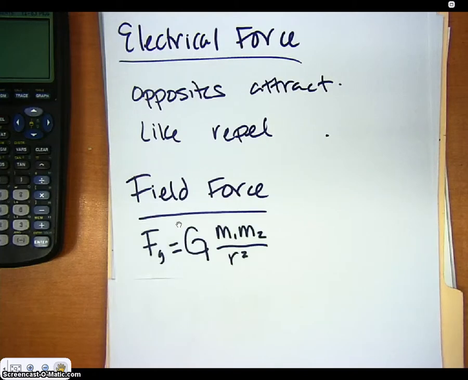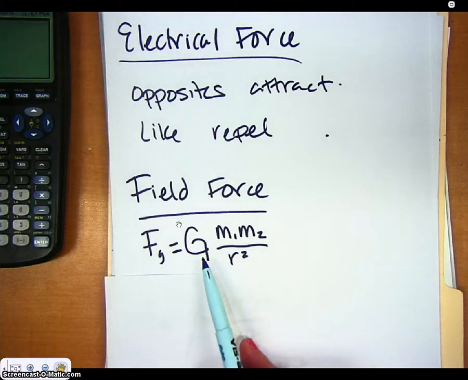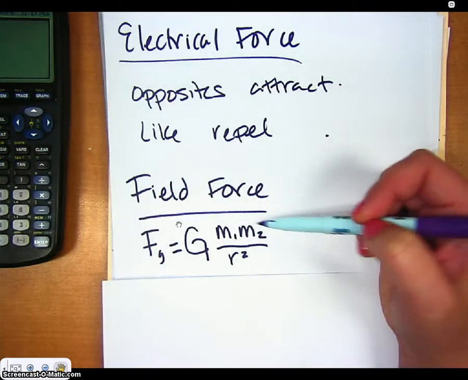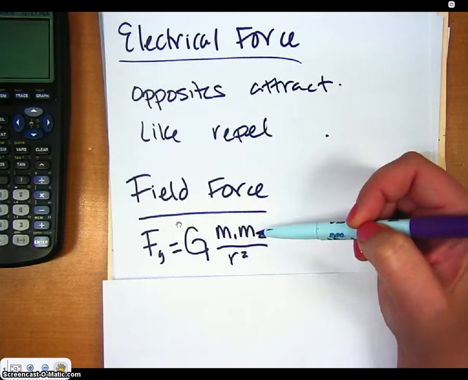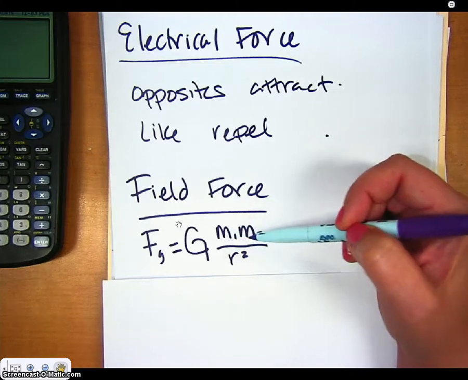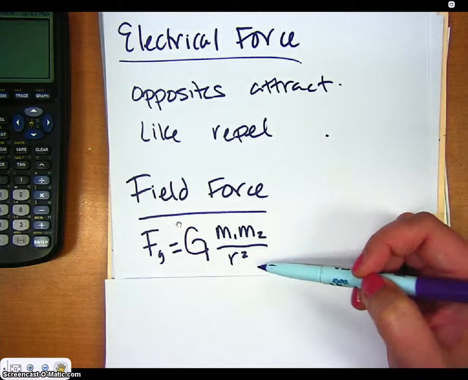So remember that the force due to gravity is equal to G, the big gravitational constant, times m1 times m2, the masses of the two objects. The bigger the mass, the stronger the gravitational force. Then there's how far apart they are, or r squared.